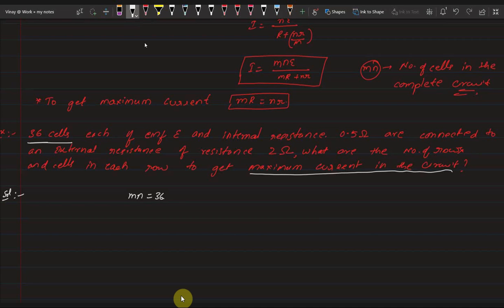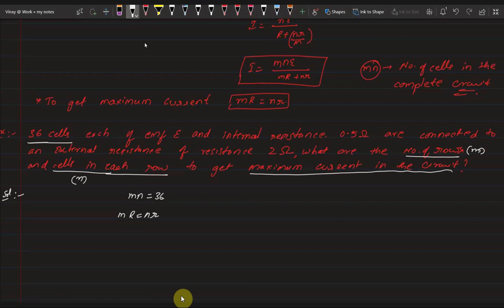MR is equal to nr. Very good. Remember one more point: we should find the cells in each row and the number of rows. Cells in each row means small n, number of rows means small m.